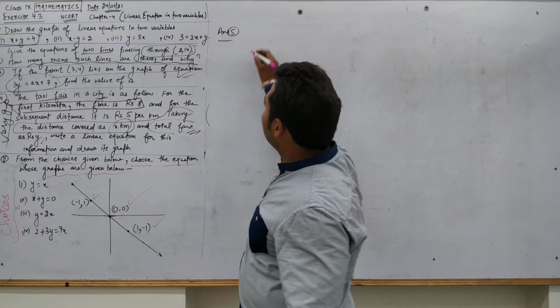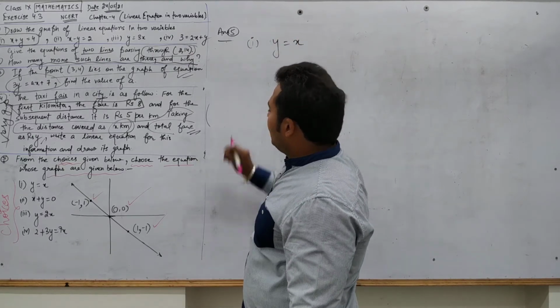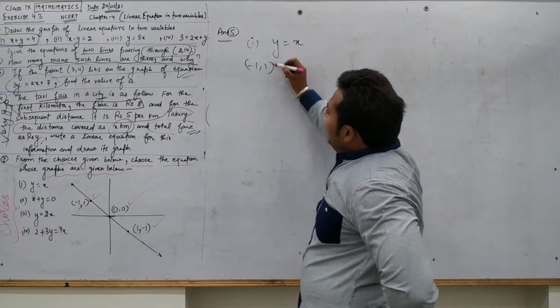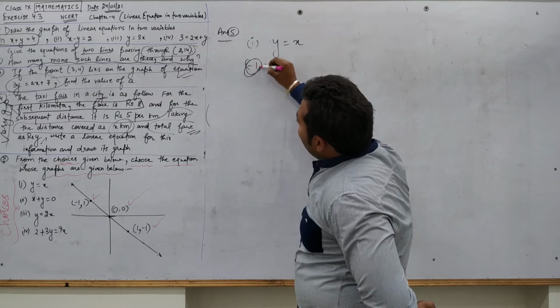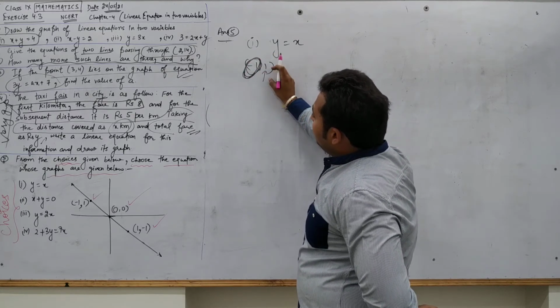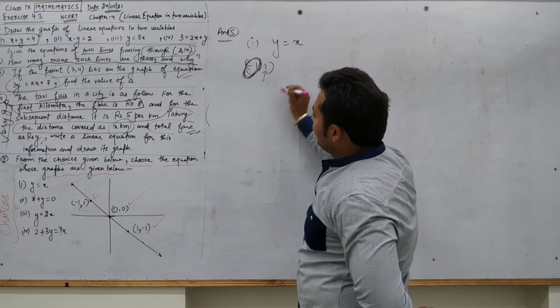So let us try with the first option, y equals x. Our first point is minus 1, 1. See, whenever I put the value of x equals minus 1, it would give y equals plus 1. See, is this satisfying?